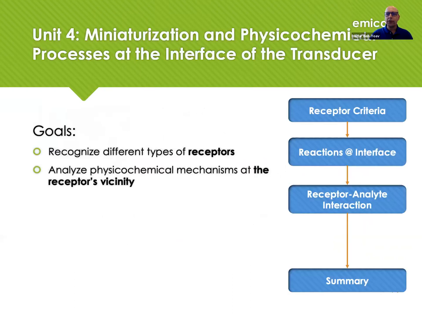So here we finish unit number 4, which is miniaturization and physicochemical processes at the interface of the transducer. We wanted to recognize different types of receptors, such as enzymes or antibodies. We analyzed the mechanisms that happen in the receptor's vicinity, such as receptor-analyte interactions.